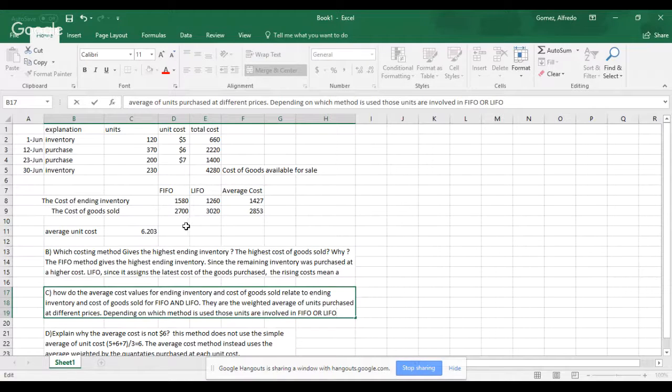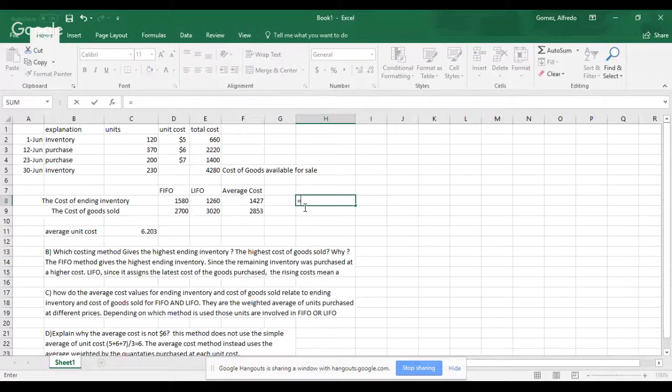We know that the initial inventory was 120 units. They later made two purchases of 370 units and 200 units. If we add these three figures up, it's 200 plus 370 plus 120, which is 690.